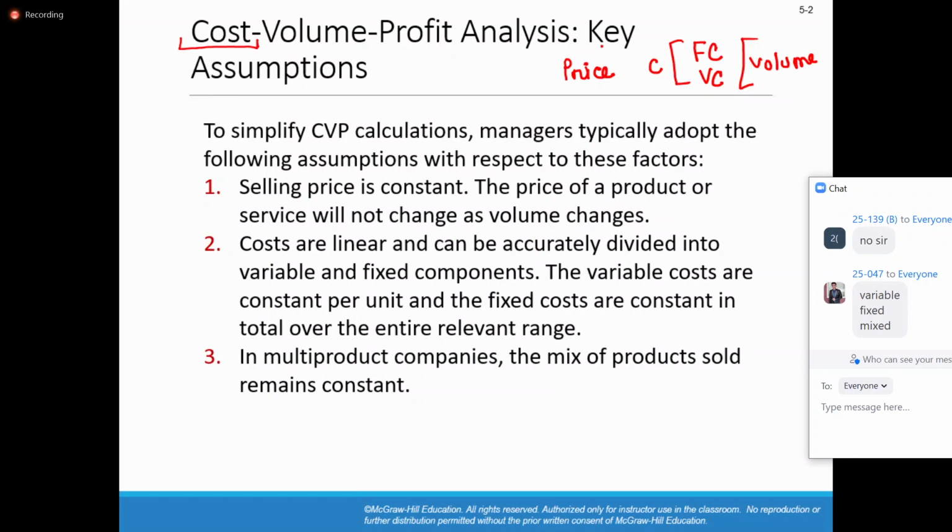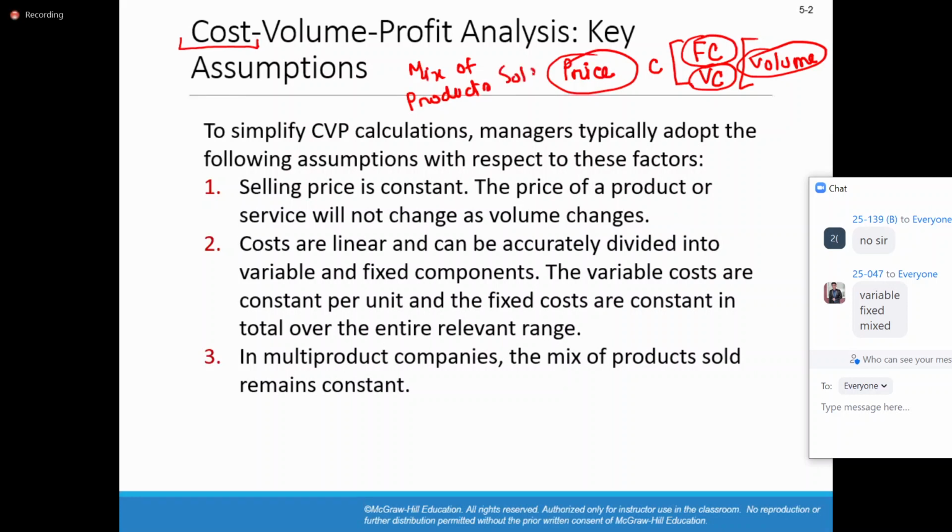How many components have we got so far? Price, variable cost, fixed cost, and sales volume, the volume of activity. And the remaining is the product mix, or mix of products sold.